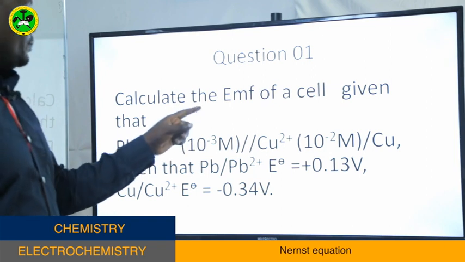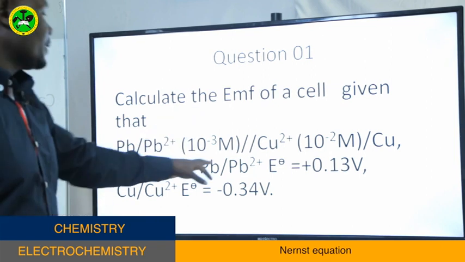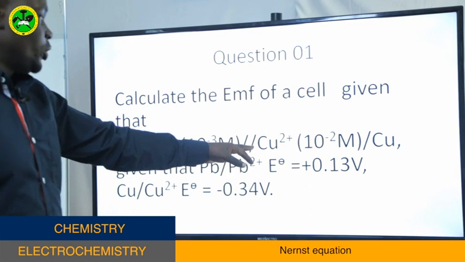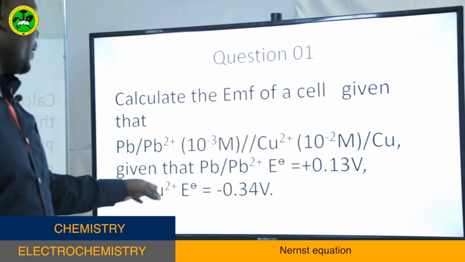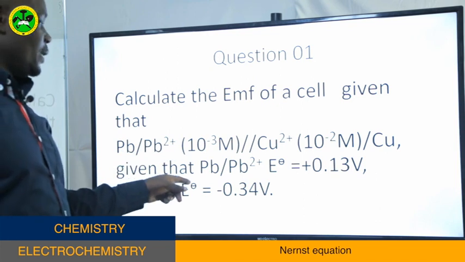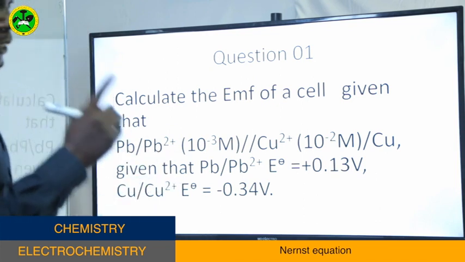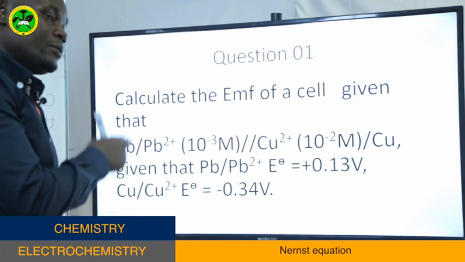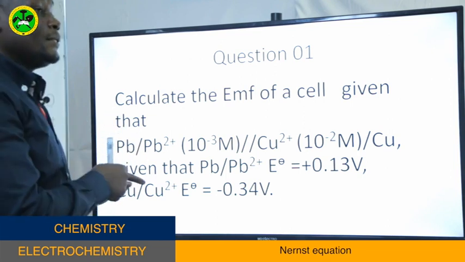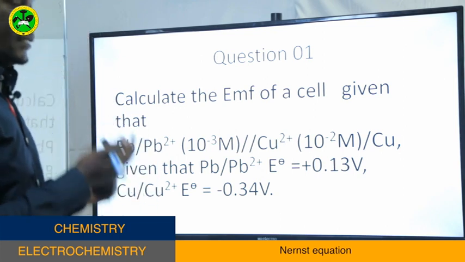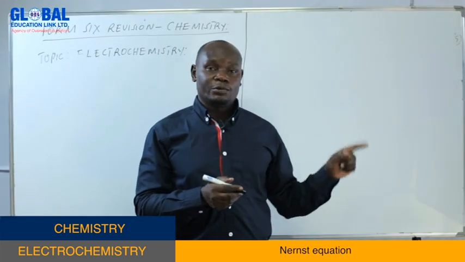Remember that the standard electrode potentials, to help you judge whether it is undergoing oxidation or reduction, should be written in reduced form. So if not written in reduced form, that means you have to convert them and write them in reduced form.